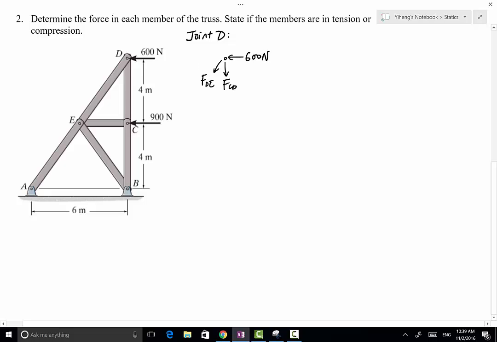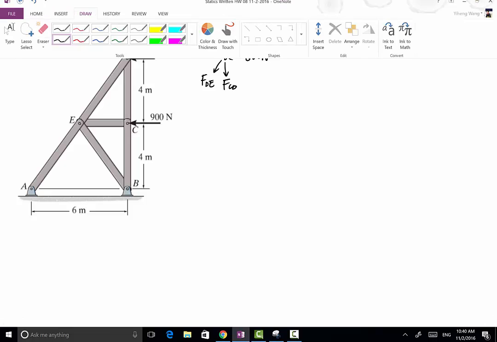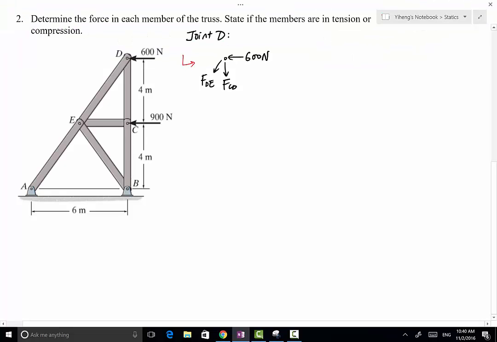Notice again, we have a 3, 4, 5 triangle. This is 6 meters, together that's 8 meters, therefore along AD, that's 10 meters. Recognizing that will make resolving the force a lot easier. Again, we're using the conventional X and Y coordinate system.